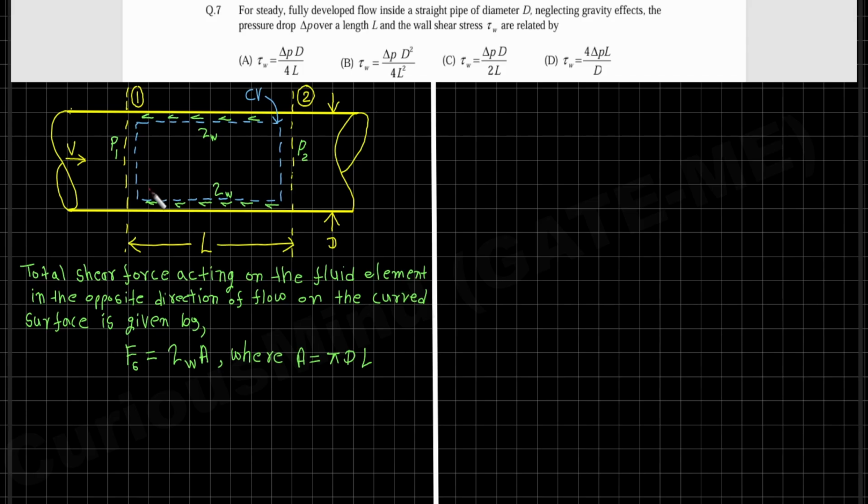So we have the expression of the total shear force that acts on the fluid element in the opposite direction of the flow, on the curved surface of the fluid element, which is a cylindrical shape of diameter d and length L. And we know that the shear force is equal to the shear stress times the surface area on which the shear stress acts.